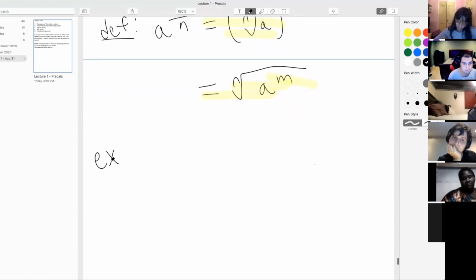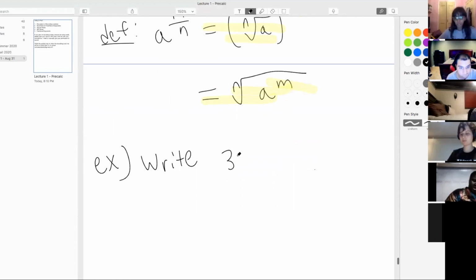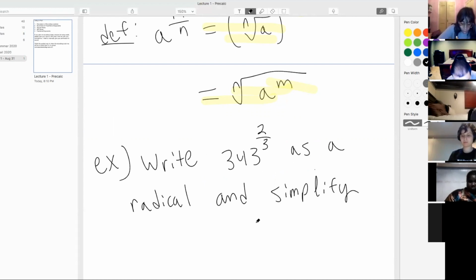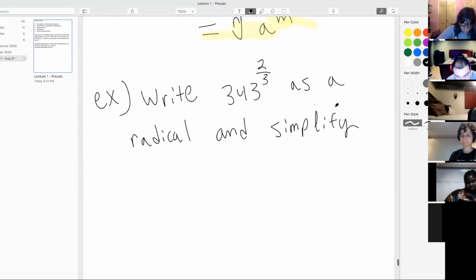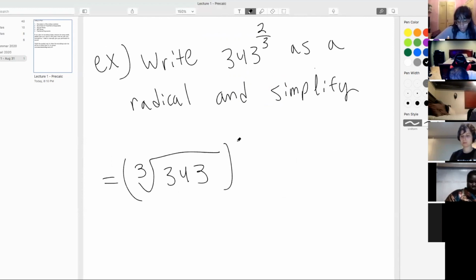Now let's just do some examples. These are some kinds of questions you'll see on the homework. Write 343 to the 2/3 as a radical and simplify. By definition, this is equal to the third root of 343, that whole thing squared.